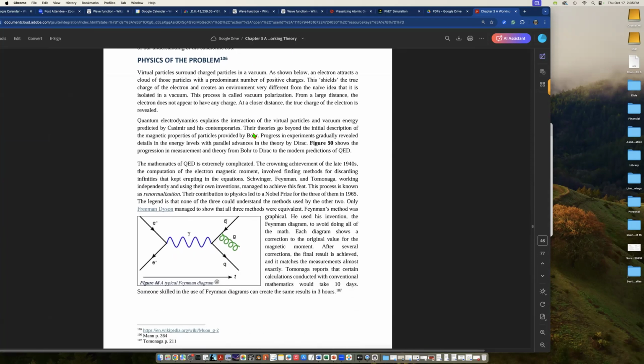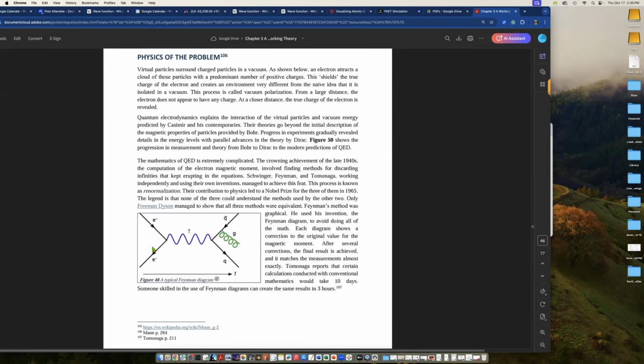And they did it by understanding the virtual particles interacting and colliding with each other. Remember the Casimir effect, which has now been confirmed in experiments?